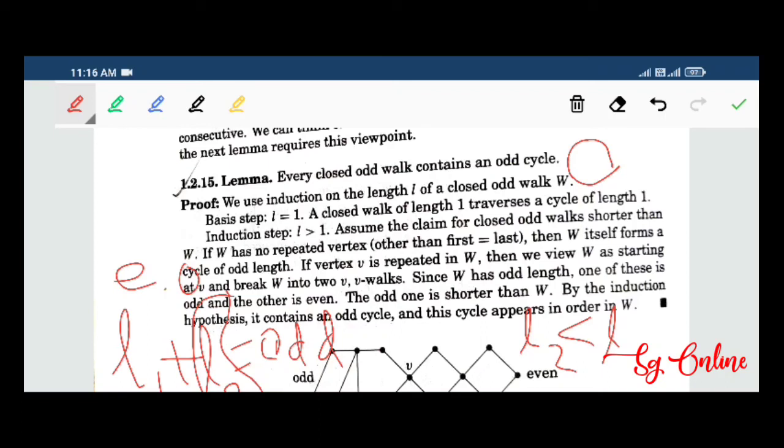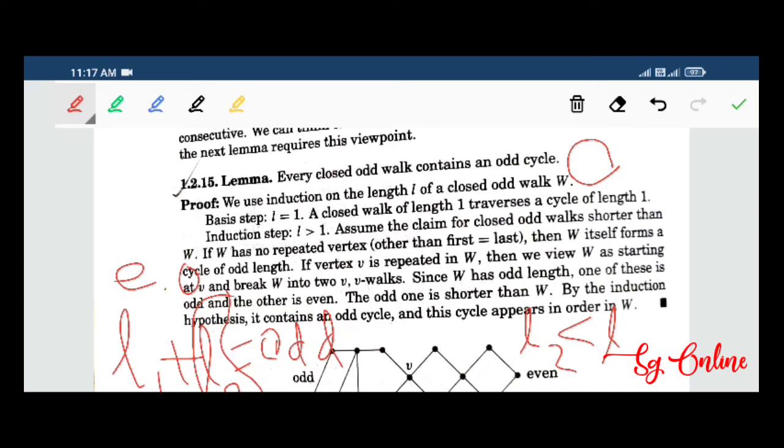Now if L is greater than 1, by induction hypothesis we consider that anything shorter satisfies the result. What we do is consider that if there is no vertex repetition in the closed odd walk, then it is itself a cycle and we have nothing to prove.